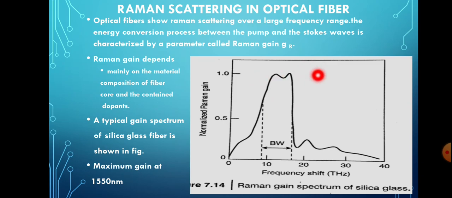And the wavelength where the fiber acts as a Raman amplifier corresponds to 1550 nanometer wavelength. So this is all about the Raman gain spectrum of silica glass.